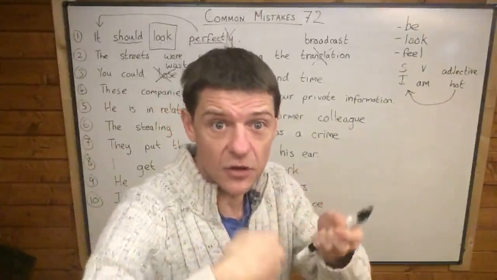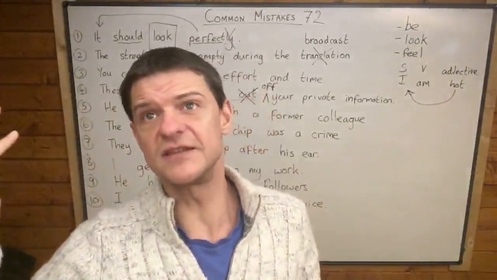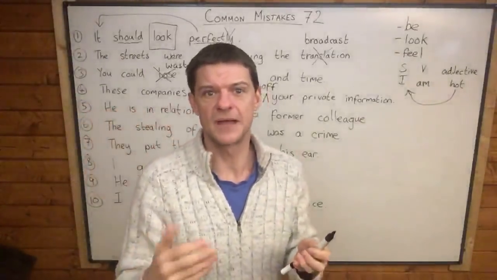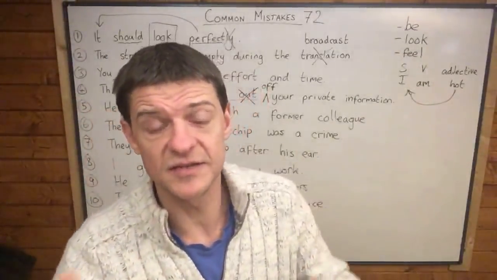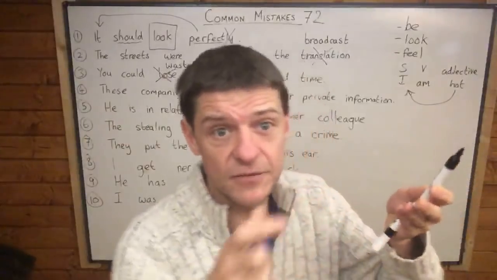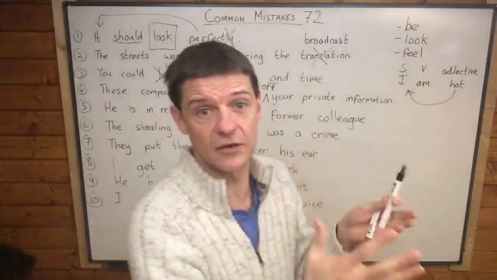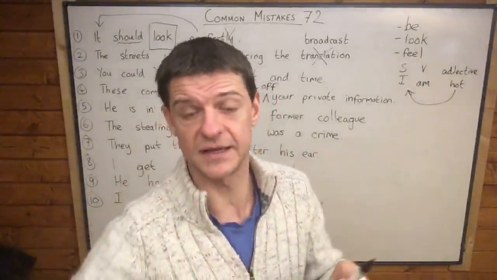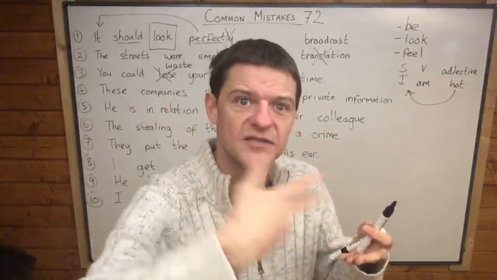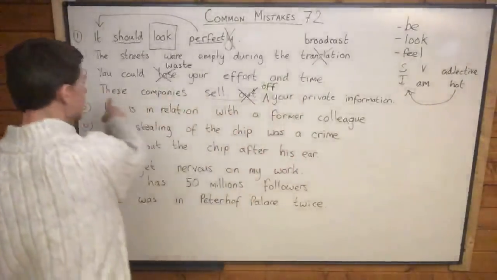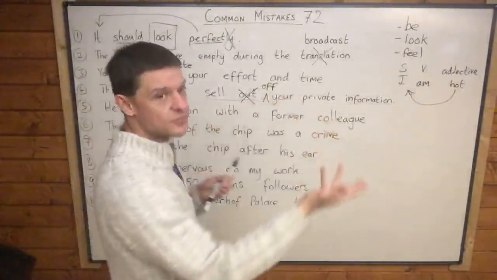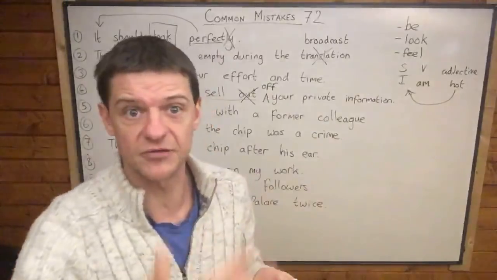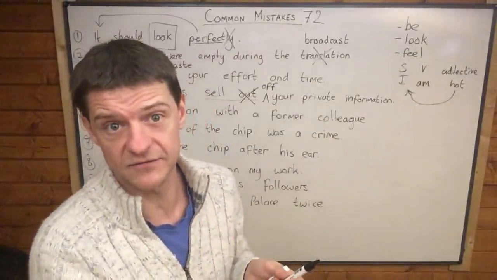So you're selling off something. Let's say that you go bankrupt and you have to sell off your business. It means you sell off the different parts of the business. Perhaps you sell off the equipment first of all, and then you sell off all of the buildings. So when you're selling off, you're selling something constantly. And here, Facebook constantly sells your private information to somebody else. So they sell off your private information.